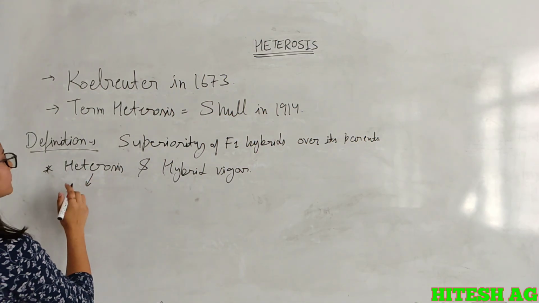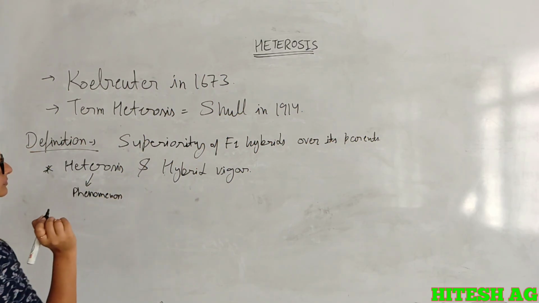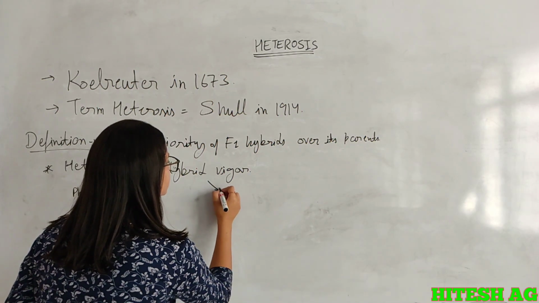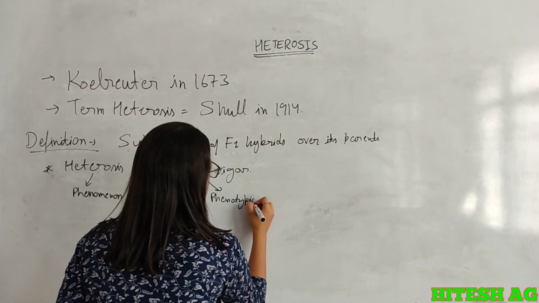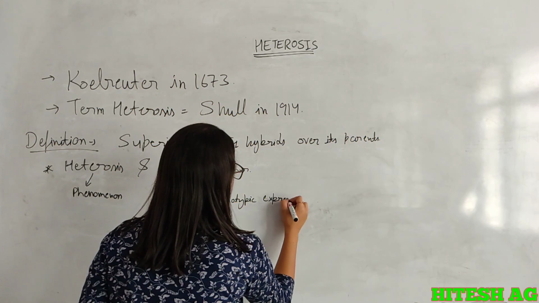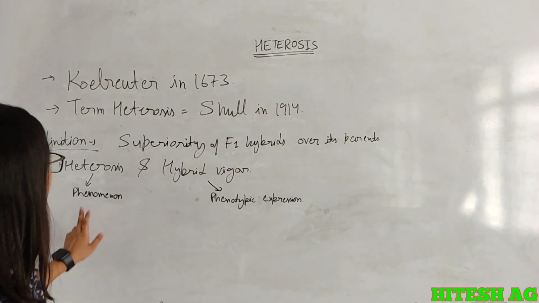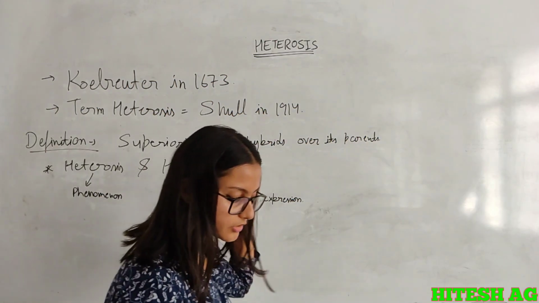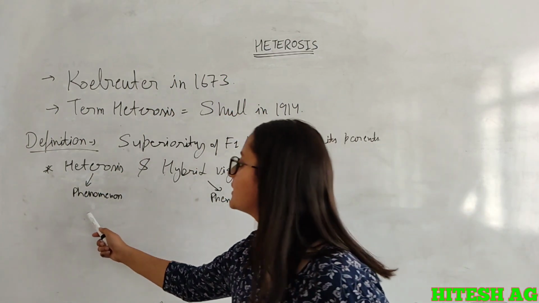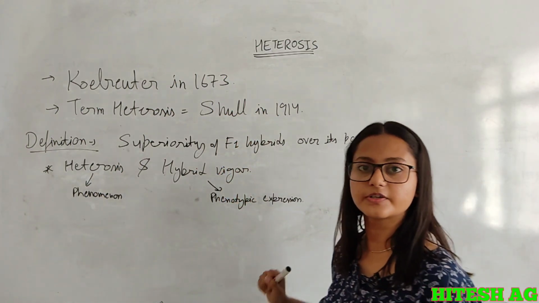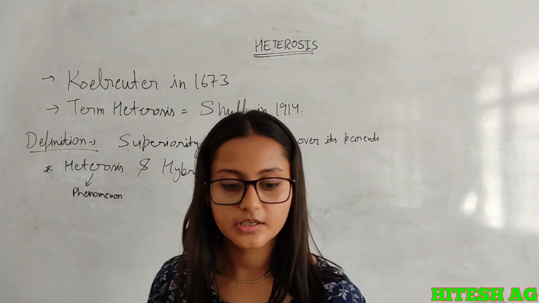Basically heterosis is the phenomenon and it is the phenotypic expression, or it is the cause and it is the effect of the same genetical expression or the same genetical phenomena which results in the superiority of F1 hybrids or heterosis.